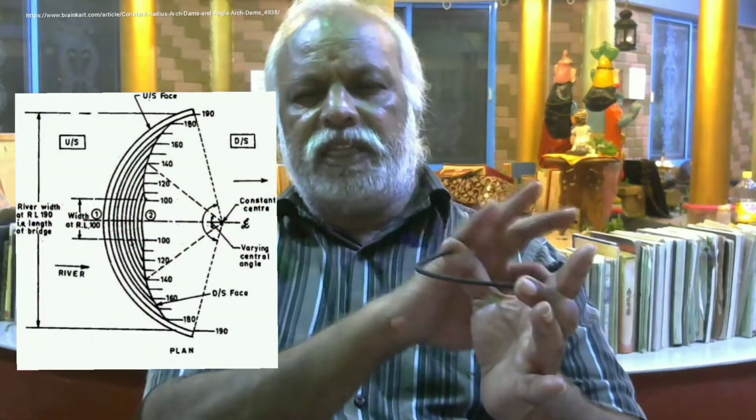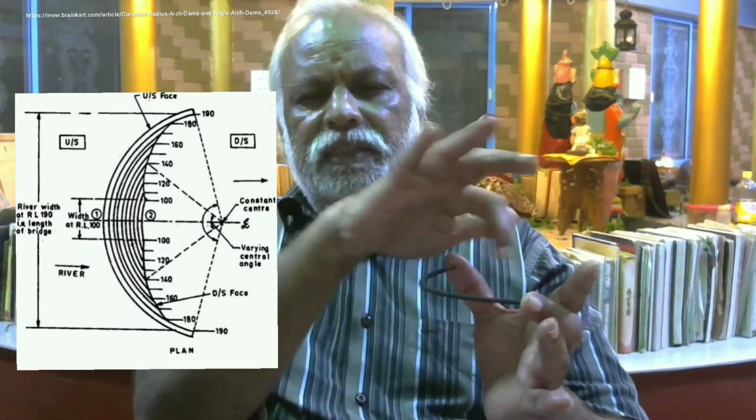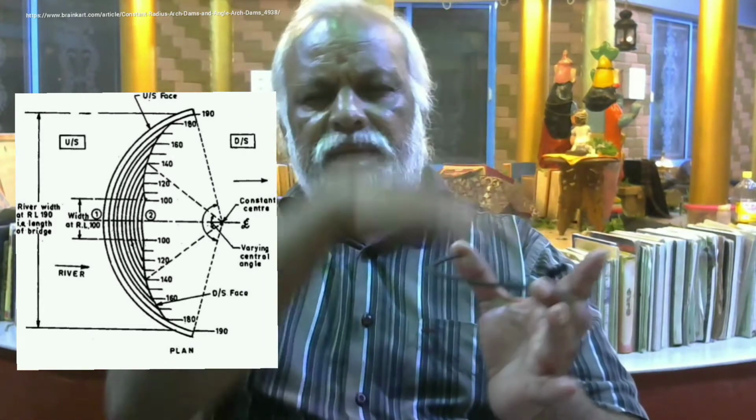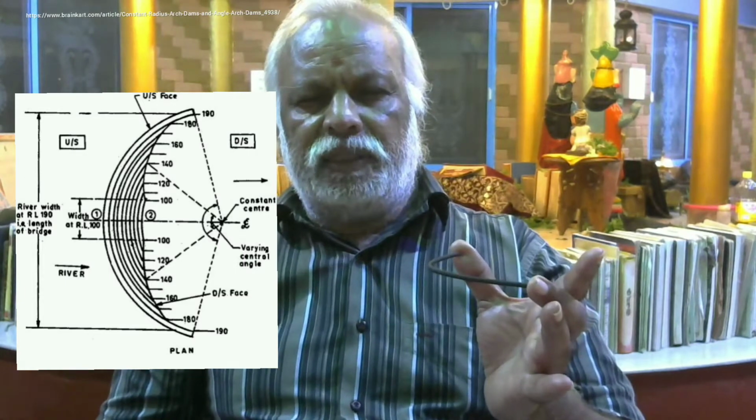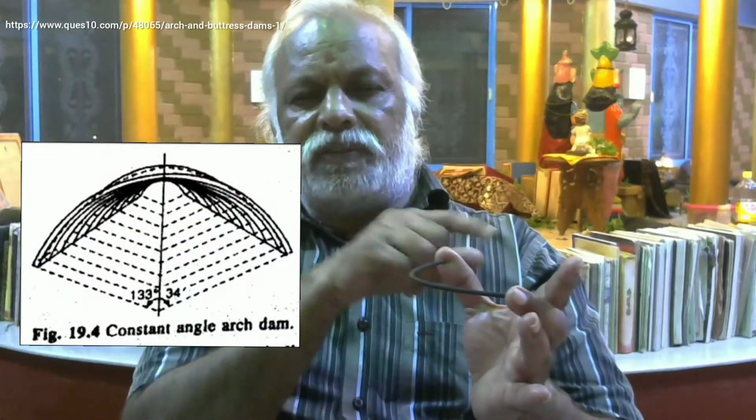There are four types of arches according to their geometry. One is constant radius arch. Whatever may be the height, the radius of the arch will be the same. Another is constant angle arch, angle of subtense.